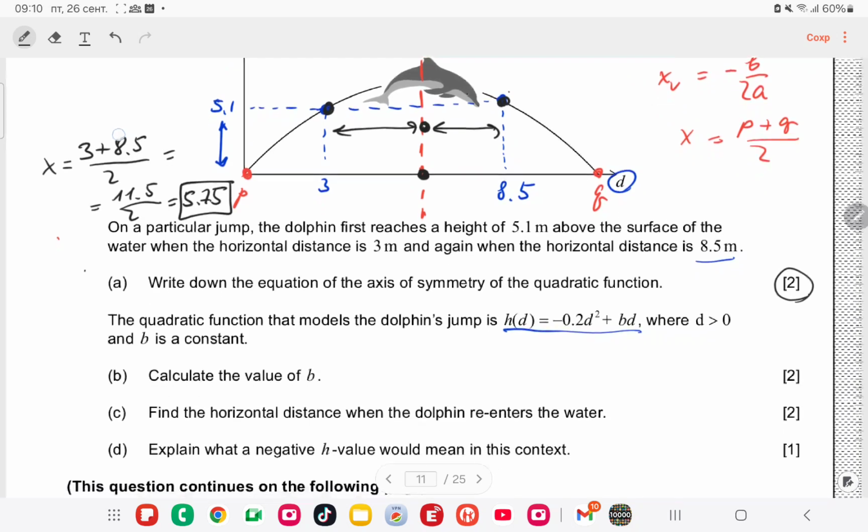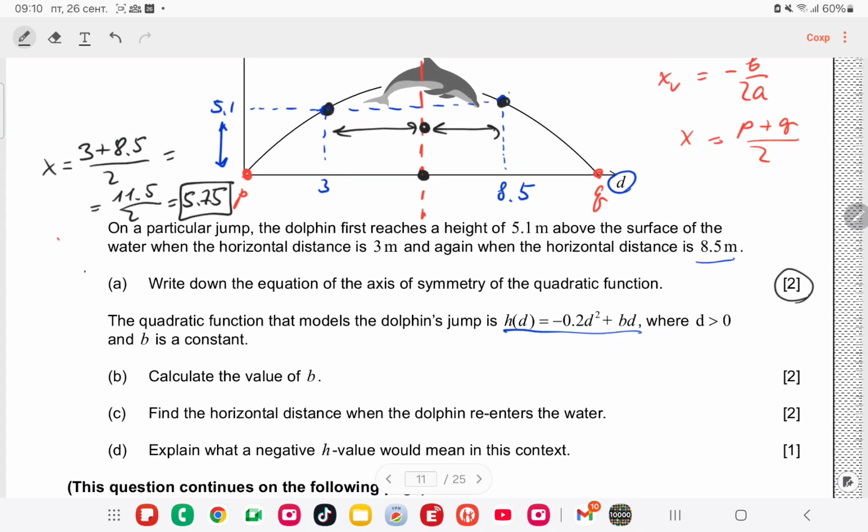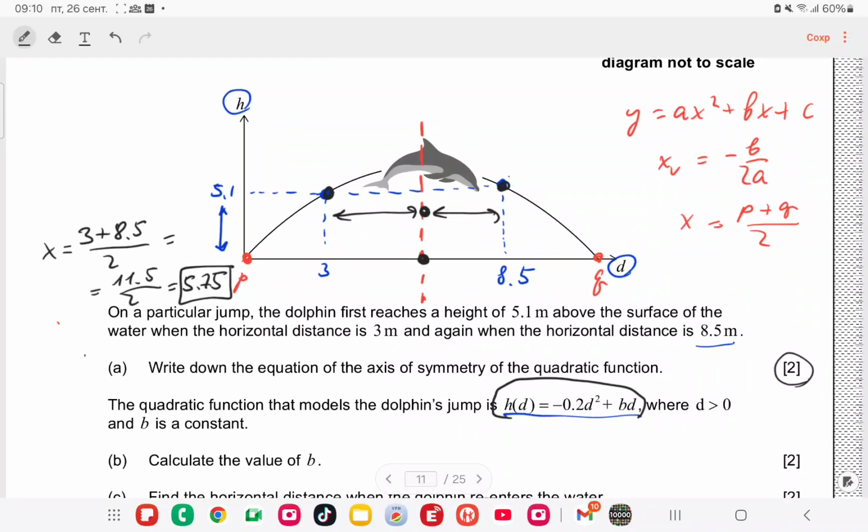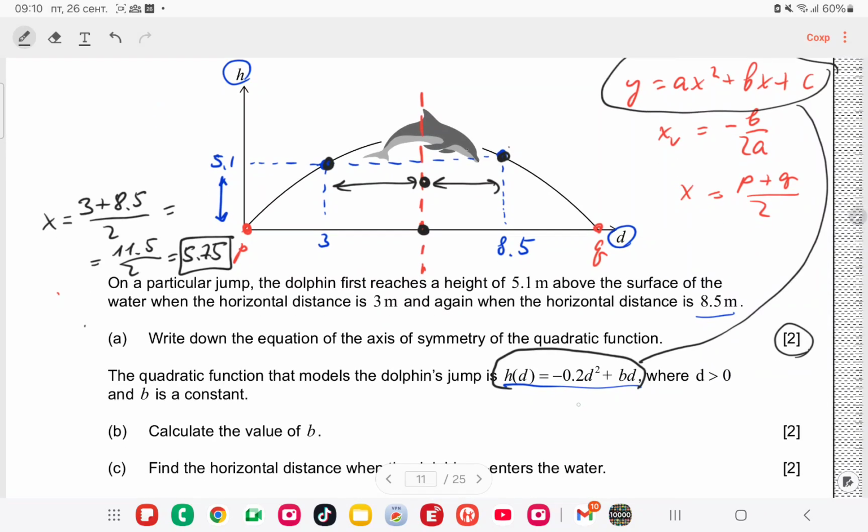Now let's go to the next part. The quadratic function that models the dolphin jump is given. Where d is positive and b is a constant, find the value of b. As I mentioned before, we should find the connection between these two forms, and you see that it is actually the same. Our a from this form is equal to negative 0.2, and we should find b.